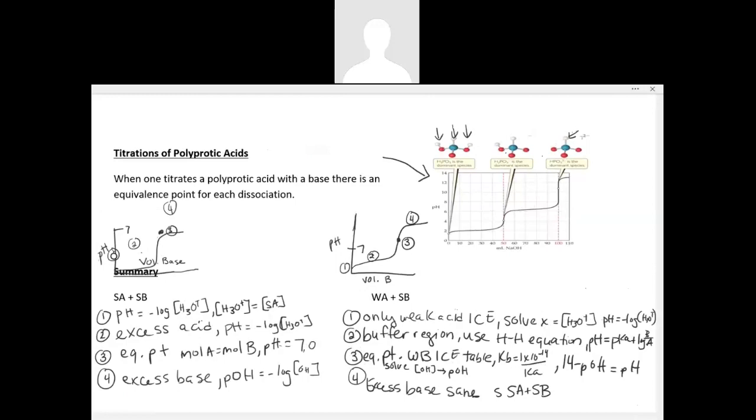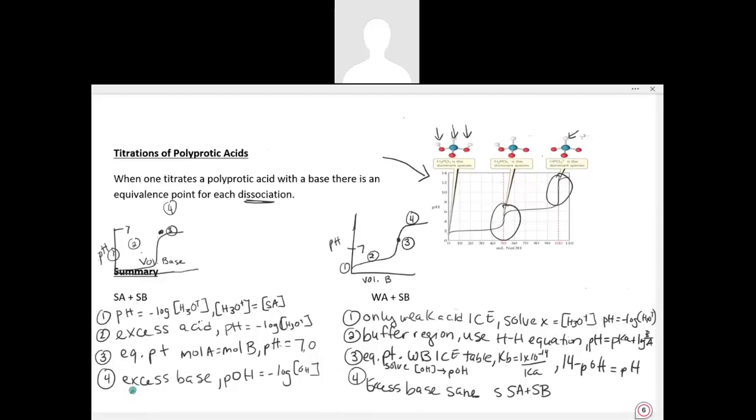Each dissociation of a polyprotic acid has its own equivalence point. When we do a titration, we're going to see these separate equivalence points. This is the first acid dissociation, this would be the second acidic proton dissociation, and so on. So that's good to note.